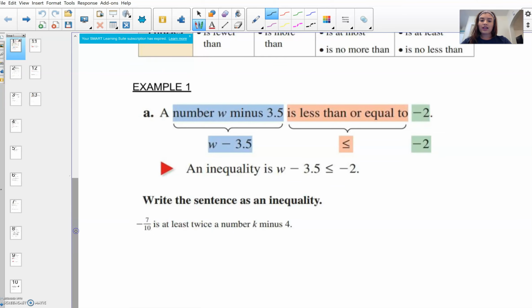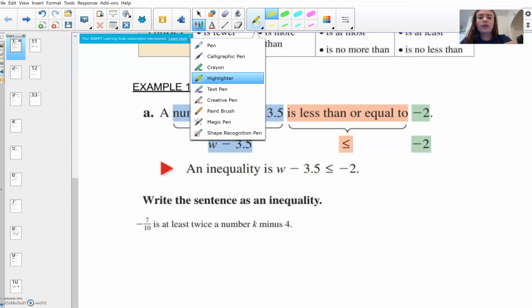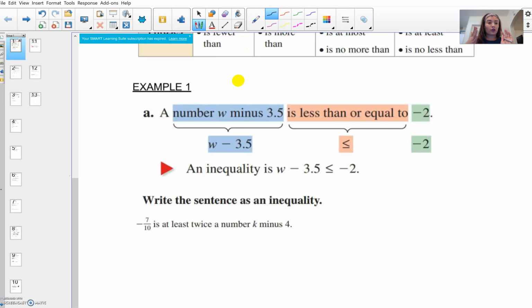Okay. So our example below is a little more difficult. Has a couple more parts. -7/10 is at least twice a number k minus 4. All right, so what I always look for when I'm trying to determine where that less than or equal to is, I look for "is." So here we have "is at least." Okay, so what's on the one side?